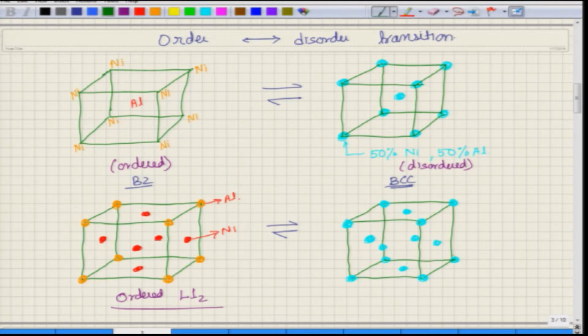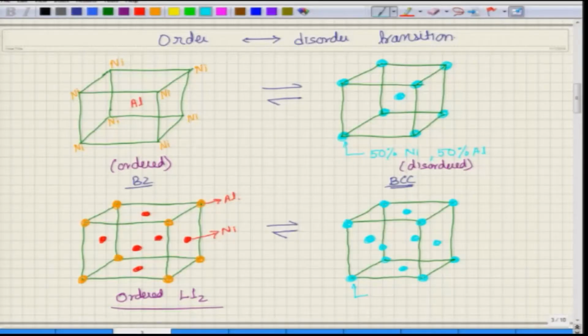So, this is the structure that is disordered. Now, like I said, what does this blue atom represent here? You should be able to say from looking at this that it is still Ni3Al overall. So, the ratio must be maintained, but there is no designated position, which means that now 75% of any of these spots would be filled by Ni, and 25% of any of these spots will be filled by aluminum.